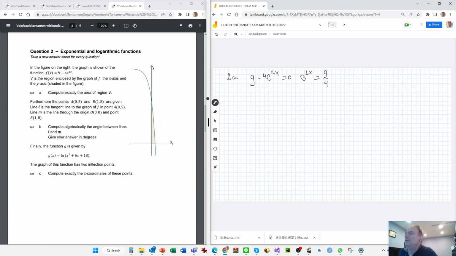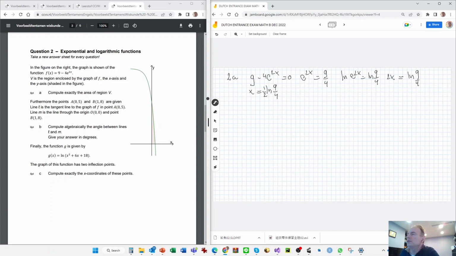And taking the logarithm on both sides, it means that log of e to the 2x has to be equal to log 9 over 4, which means that 2x, the logarithm of an exponential, which is of course the exponent, has to be equal to log 9 over 4, or x equals 1/2 log 9 over 4.